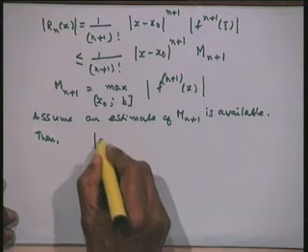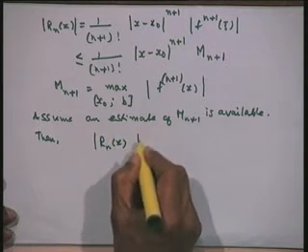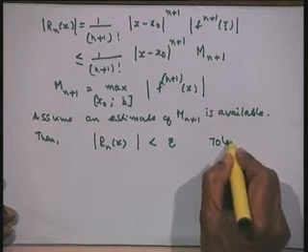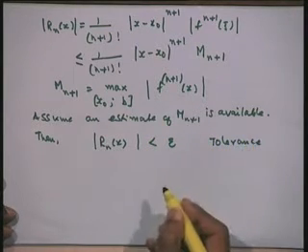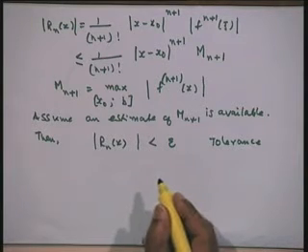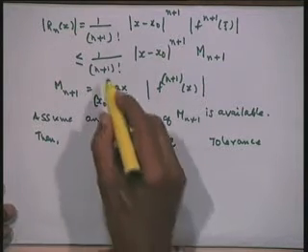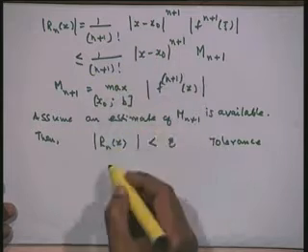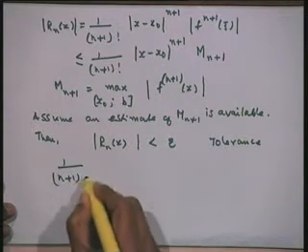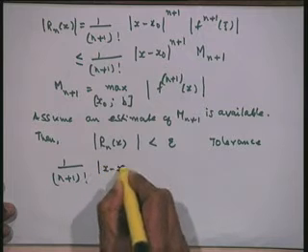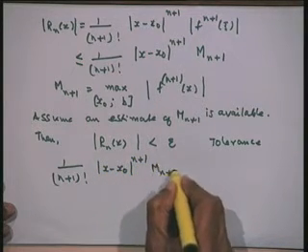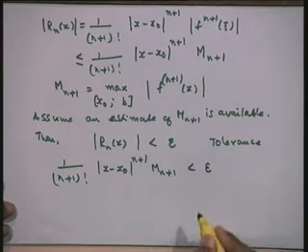Let us say you want the error to be less than some tolerance epsilon. So, this is our tolerance given to us, some 10 to the power minus 4 or 10 to the power minus 5. Now, this will give us 1 upon (n plus 1) factorial, x minus x naught to the power of n plus 1, M n plus 1, less than epsilon.